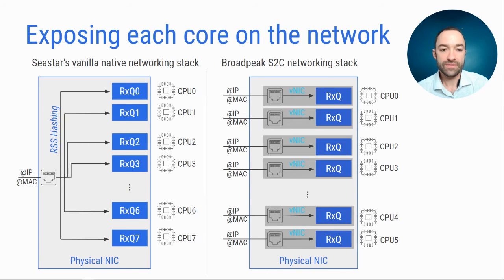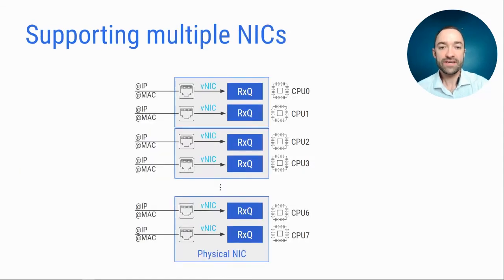One benefit of this is that it allows us to support multiple physical NICs naturally. Rather than binding all virtual NICs to a single physical NIC, we can bind them to multiple physical NICs. That doesn't change anything. So it's quite flexible, and it allows us to support multiple NICs.